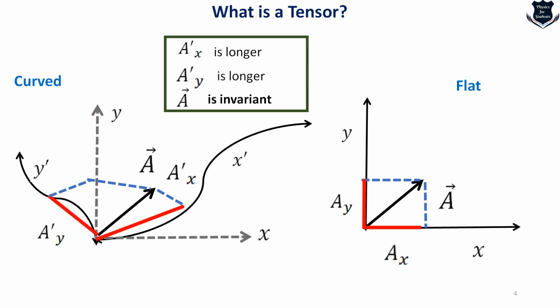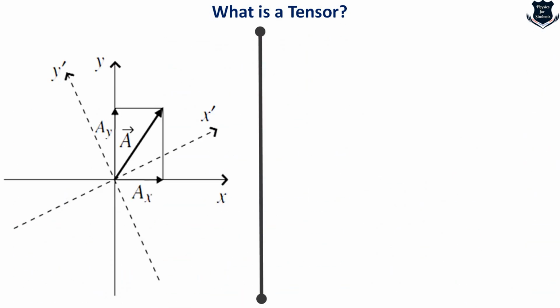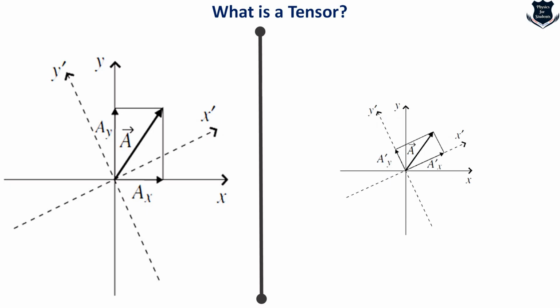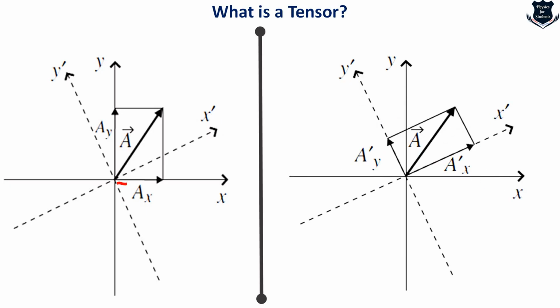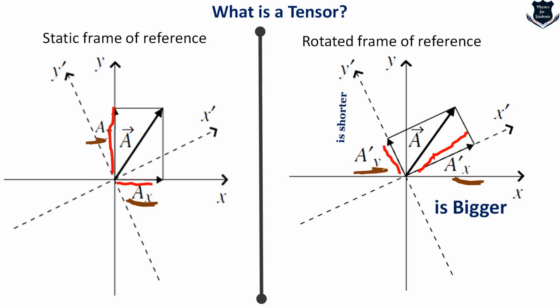So that means that A is actually invariant. The vector actually remains the same and the red lines have changed, they have become longer. In a similar fashion, if I rotate this same axis, as you can see here, then also we find that here the A prime x or the AX or the AY denotes this, and we can see that the A prime x is a little bit longer, however A prime y has become a little bit shorter.